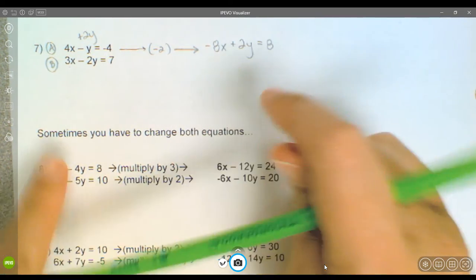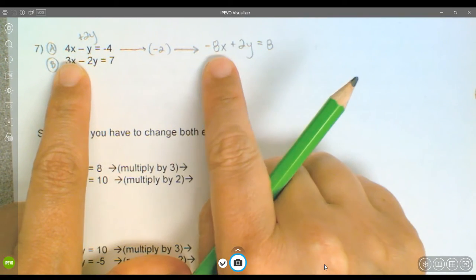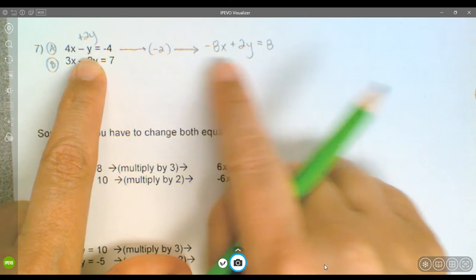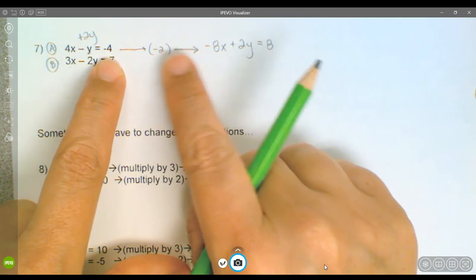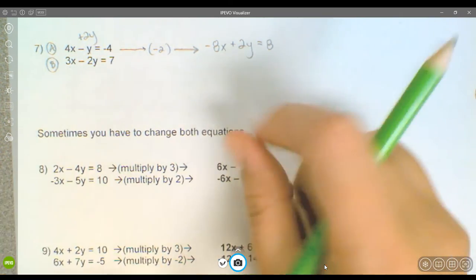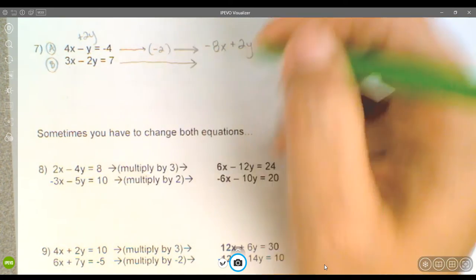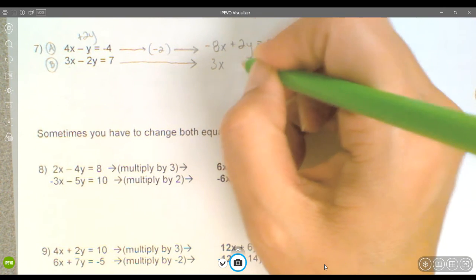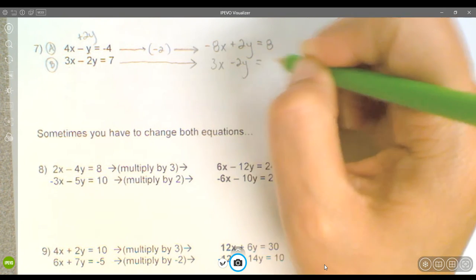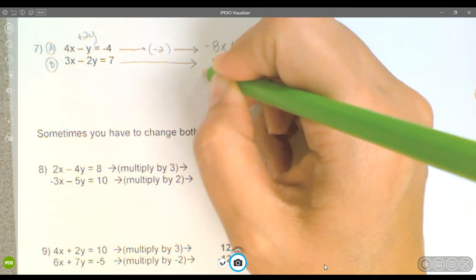Let me double check. 4 times negative 2 is negative 8. Negative y times negative 2 is plus 2y. Negative 4 times negative 2 is positive. Yes, that's right. The bottom equation I'm going to leave alone, and I'll get 3x minus 2y equals 7.